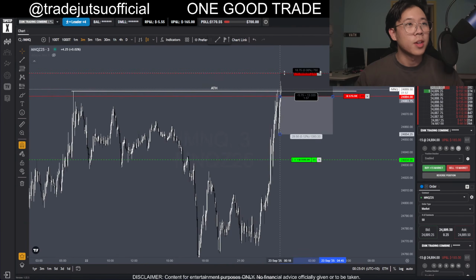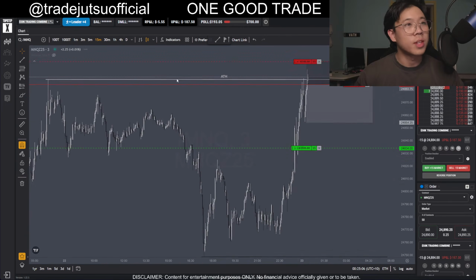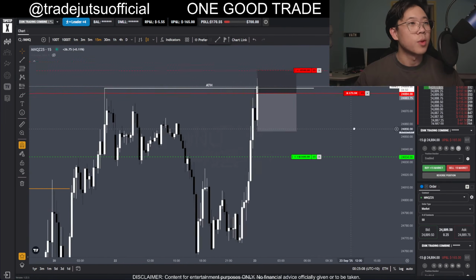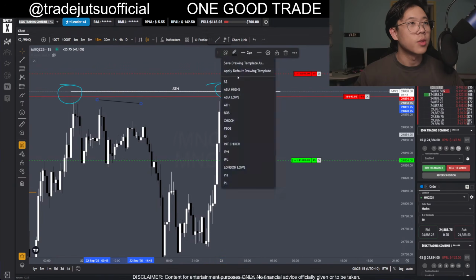So this counter trend setup is on the 3 minutes and 15 minutes, so it's kind of maneuverable in that sense. The idea is like a double top or a triple top with inducement.